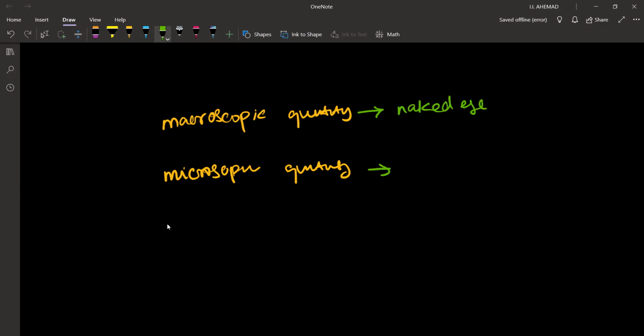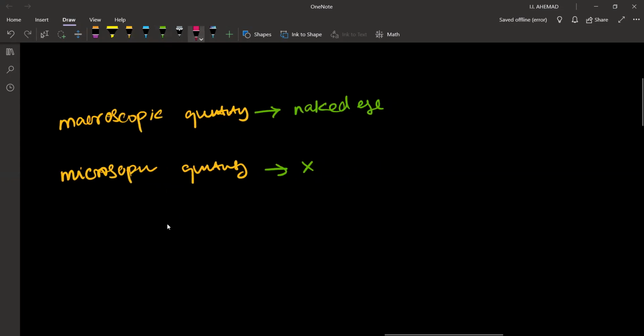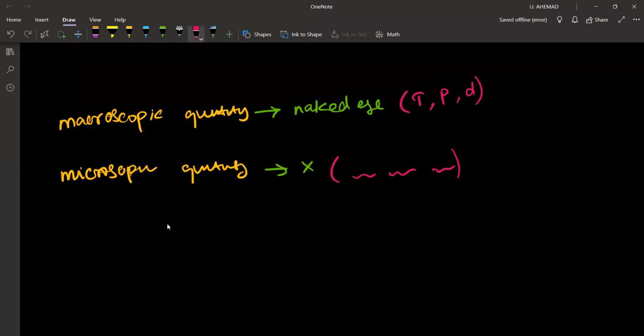But microscopic is not like that. For macroscopic quantity, we can say temperature, pressure, density, all of these are macroscopic. Microscopic ones are all at the microscopic level. You will need to go to the microscopic level to understand that.